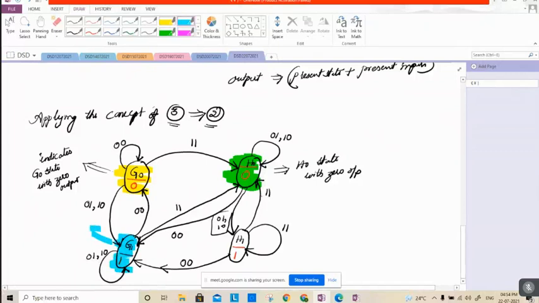And this indicates the G1 state with 1 output. And this is going to indicate the H1 state with 1 output.